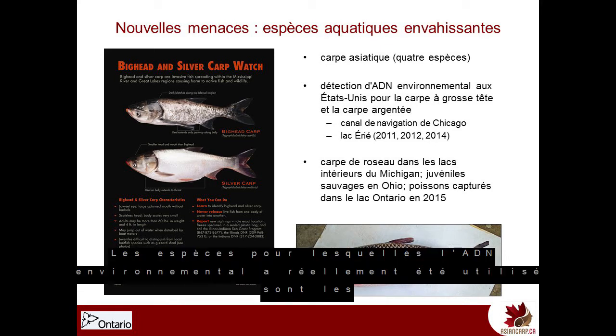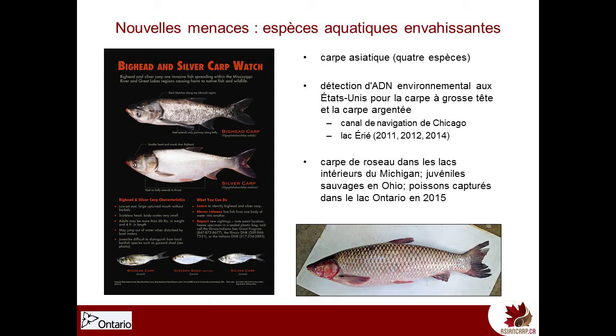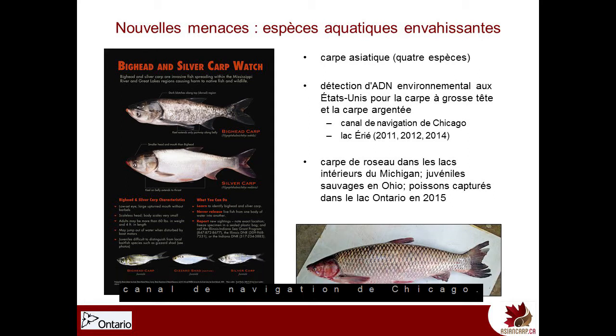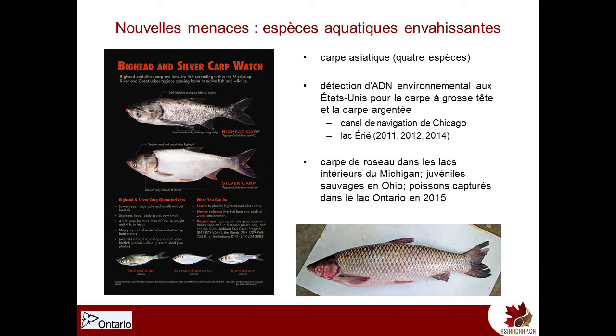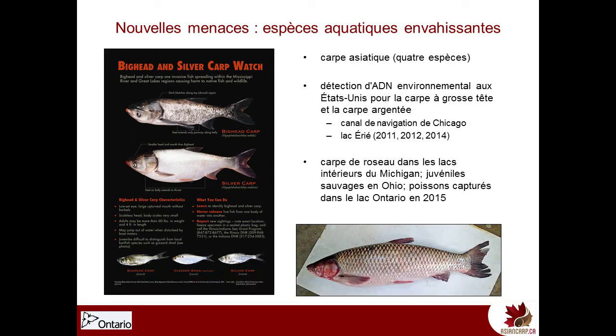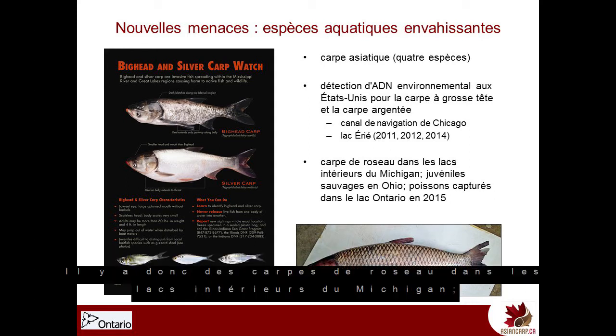So the particular species where environmental DNA has really been applied have been the 4 species of Asian carps. And this is really driven by the expansion of all of the species up the Mississippi River south of the Chicago shipping canal. Until recently, it was possible to buy triploid or sterile grass carp for controlling pond weeds, very popular in golf courses, cottagers, etc. So there are grass carp in inland lakes in Michigan.